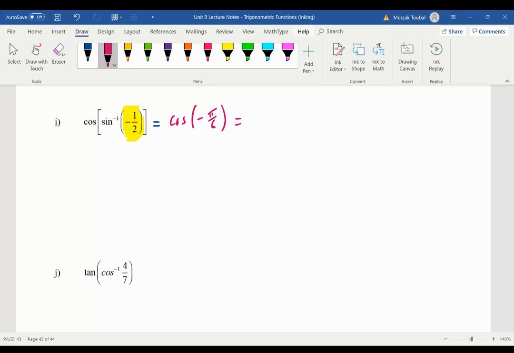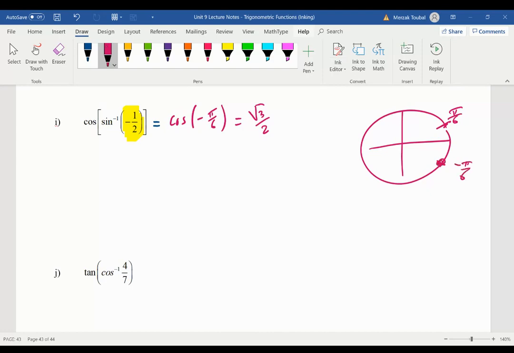Now, what is cosine of negative pi over 6? Again, look at the unit circle. It's root 3 over 2. Here's the circle. Here's positive pi over 6. Here's negative pi over 6.